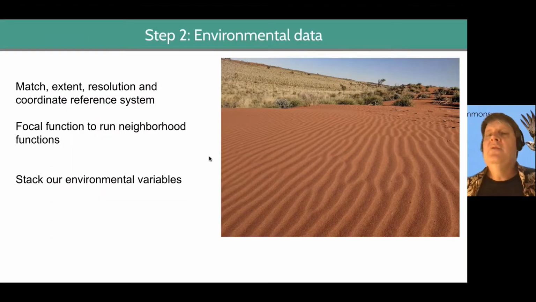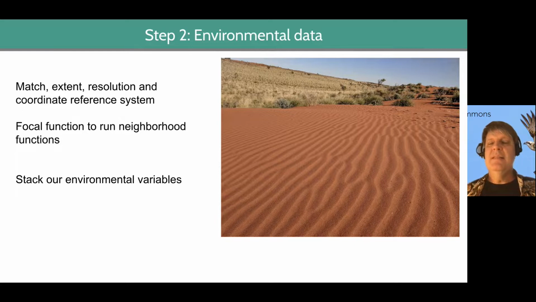So in this module, we're just going to cover basically the first step that you need to take when using most of the algorithms that are available in R, when you're using Maxent, is all your environmental data needs to match.